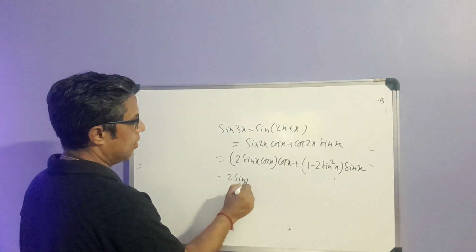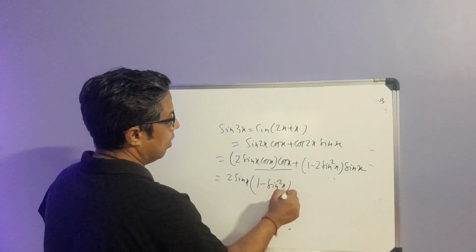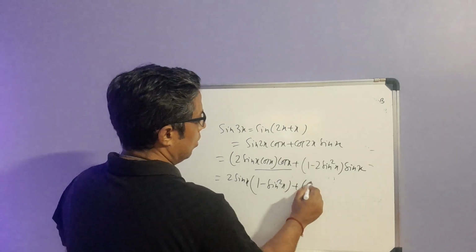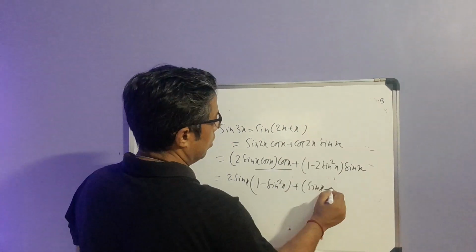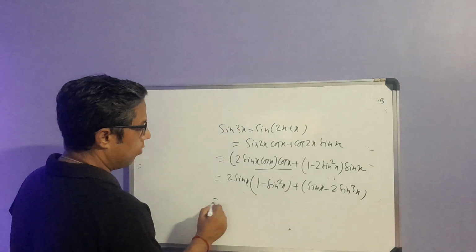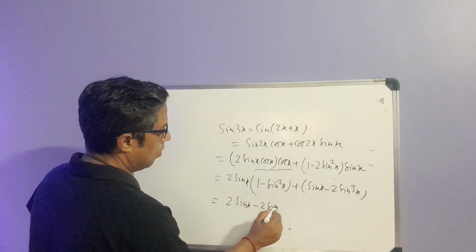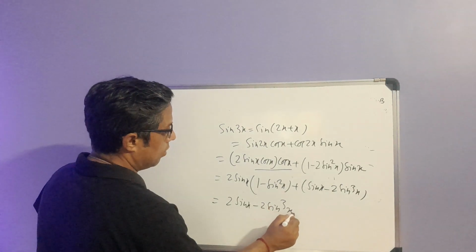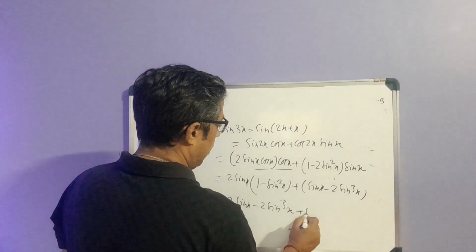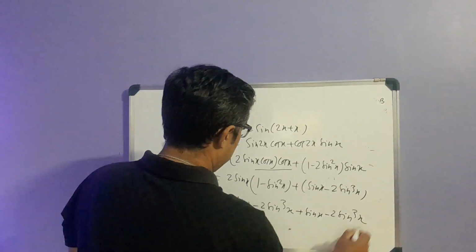2 sin x, then cos square x means 1 minus sin square x, and here sin x minus 2 sin cube x. So we are approaching the final formula: 2 sin x minus 2 sin cube x plus sin x minus 2 sin cube x, right?